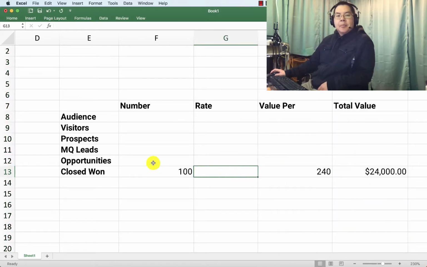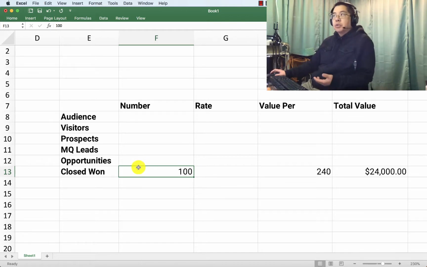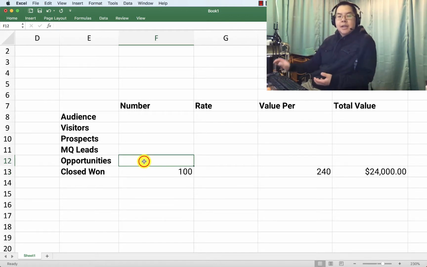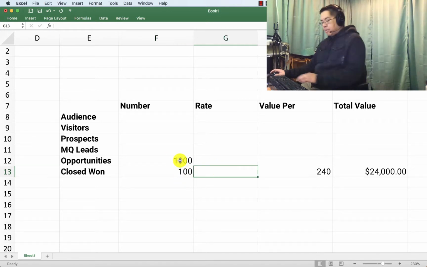Now, in order for us to get to 100 closed deals, our website or our software or our Salesforce or whatever has to have opportunities. We call them at-bats, whatever you want to call them. Let's say we had 1,000 at-bats. Thus, the closing rate between won deals and at-bats is going to be 100 divided by 1,000, right?